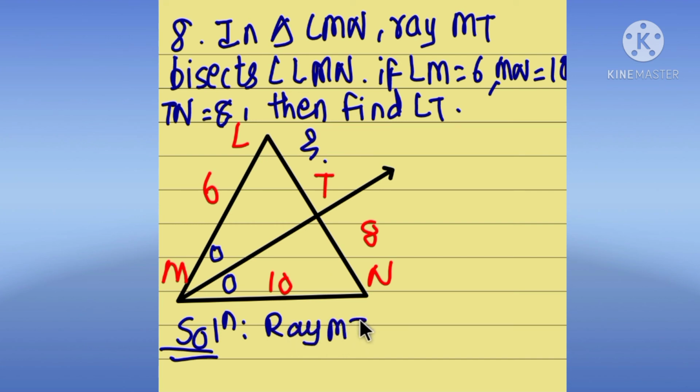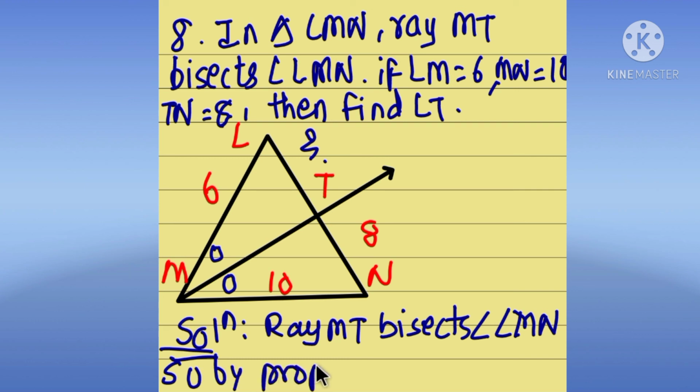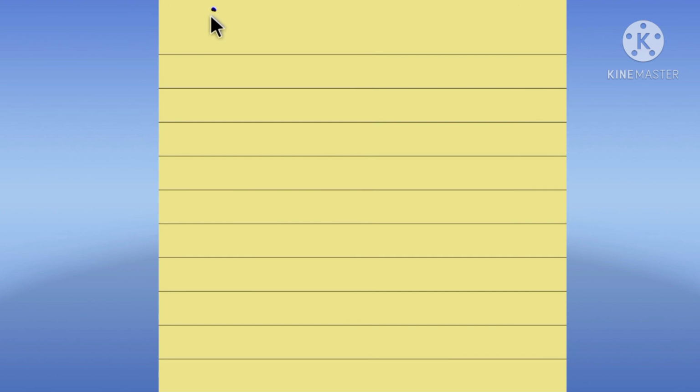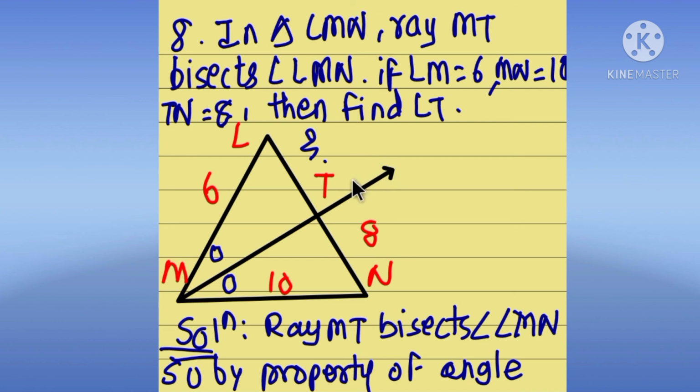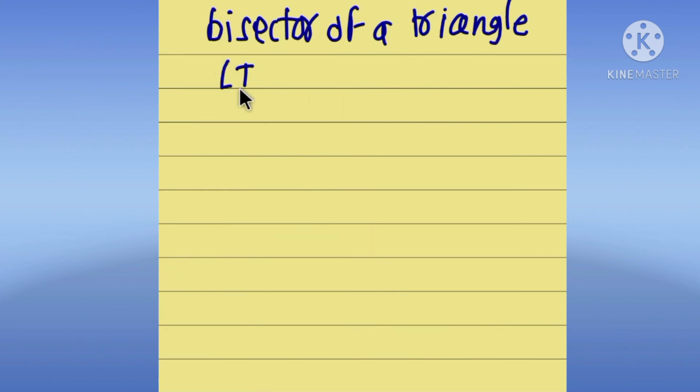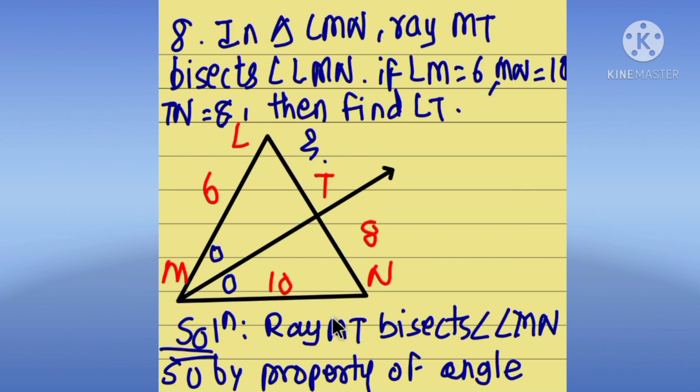Ray MT bisects angle LMN. So by property of angle bisector of a triangle, we have to write, by applying the property, angle bisector divides the opposite side, the ratio of the opposite sides will be LT upon TN, LT upon TN equal to the ratio of the remaining two sides, which are LM and MN.